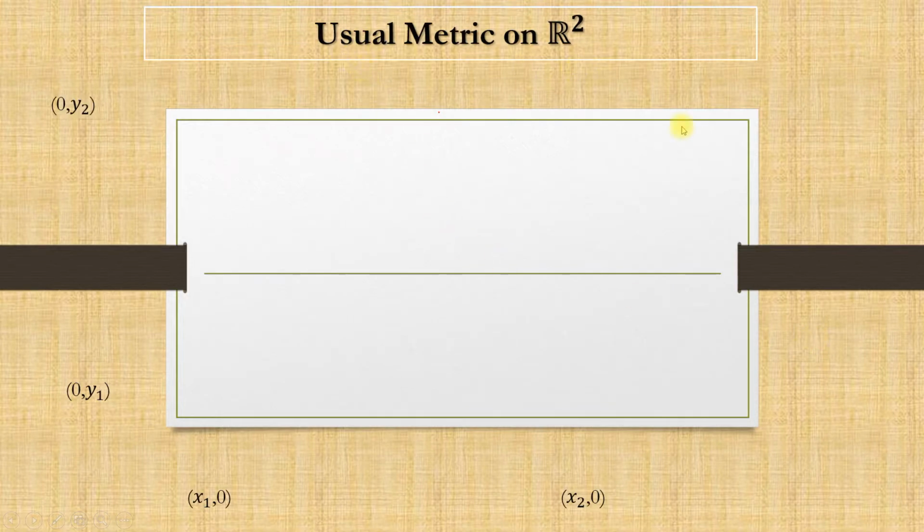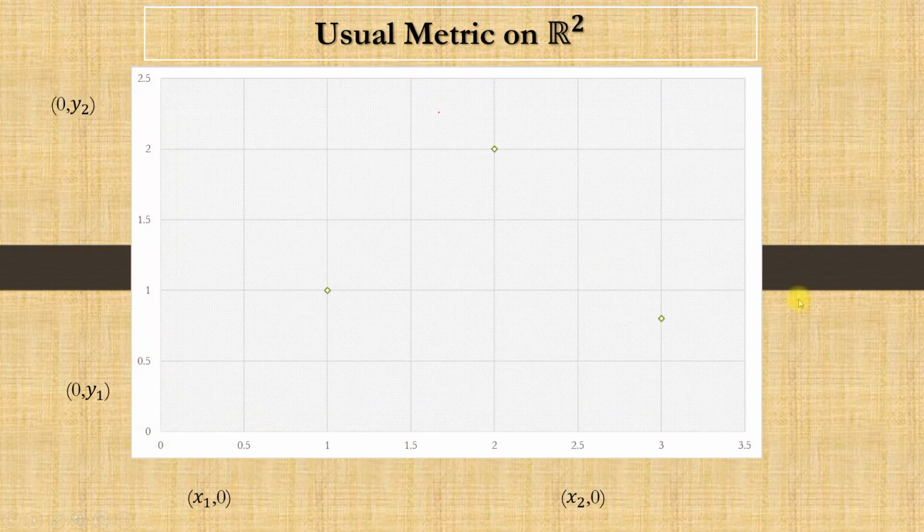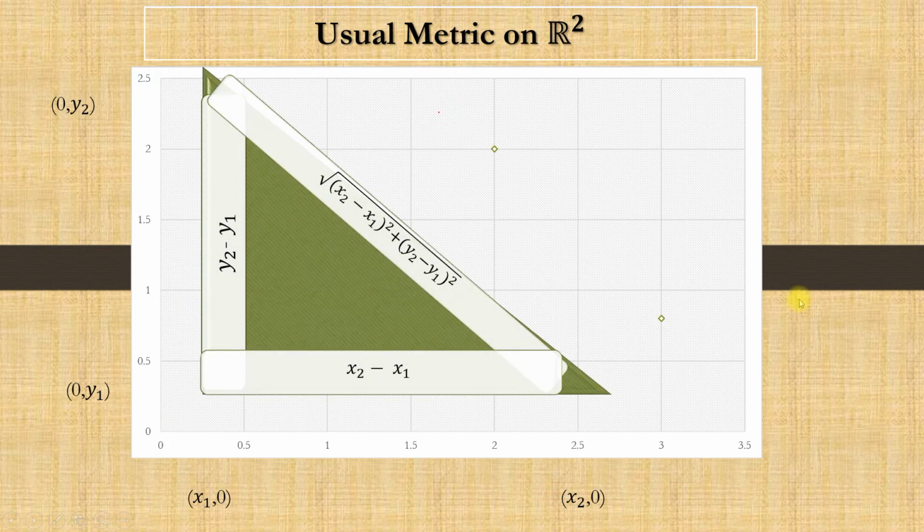Next is the usual metric on R2. Consider the figure. There is a right angle triangle with the vertices x, y and z. Consider a path from x to y. There are two paths from x to y. First one is through z, that is x to z, then z to y. Second is directly from x to y. X to y is the shortest path. So we get the distance between x and y using the Pythagoras theorem because it's a right angle triangle.